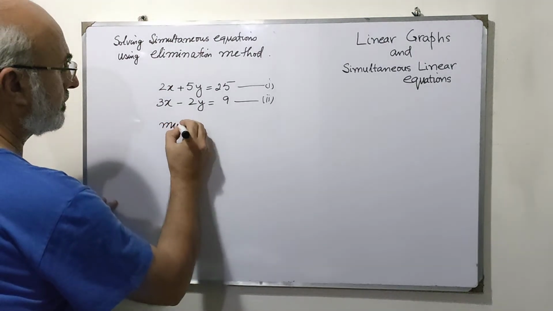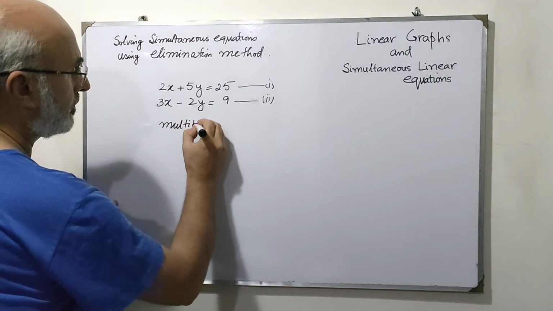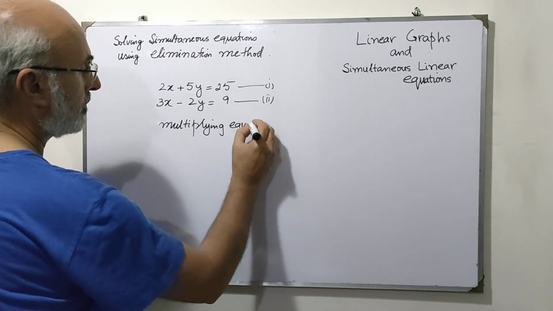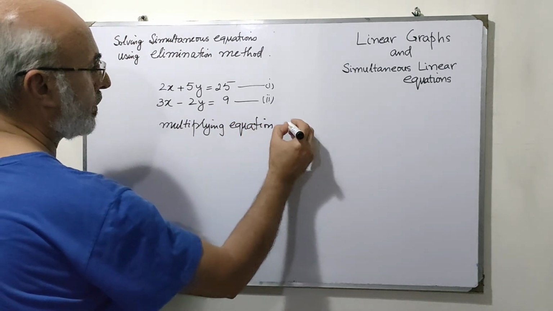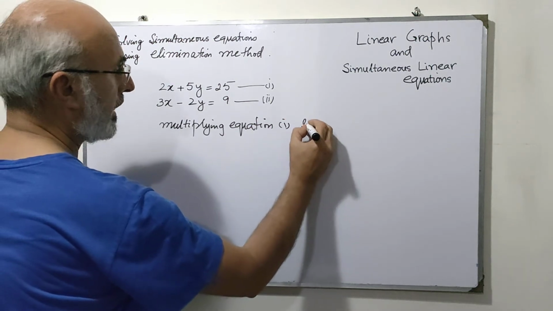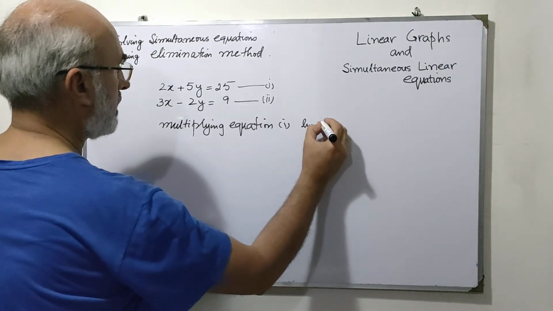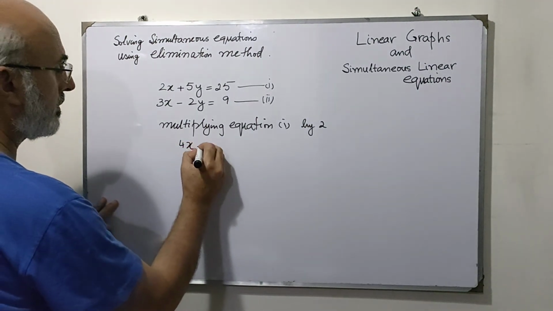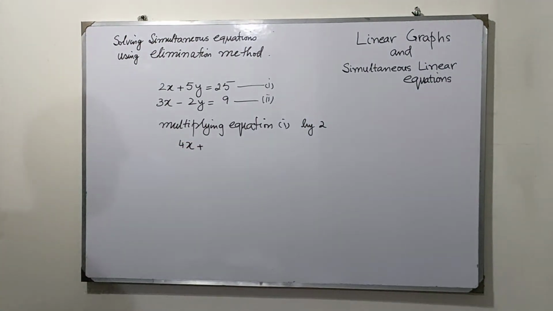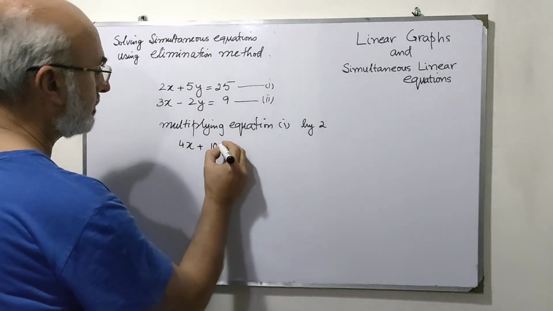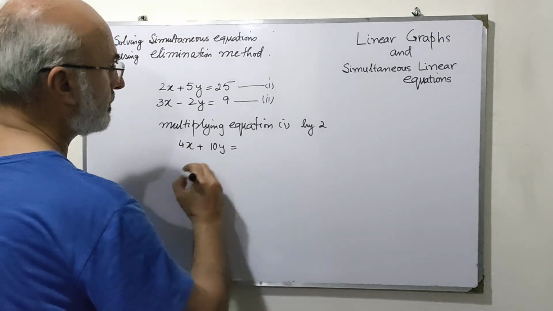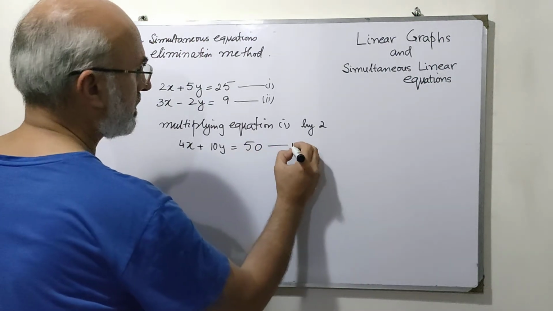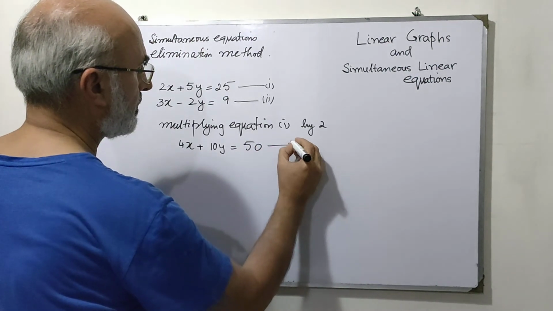Multiplying equation 1 by 2, we have 4x plus 10y is equal to 50. We can call it equation number 3.